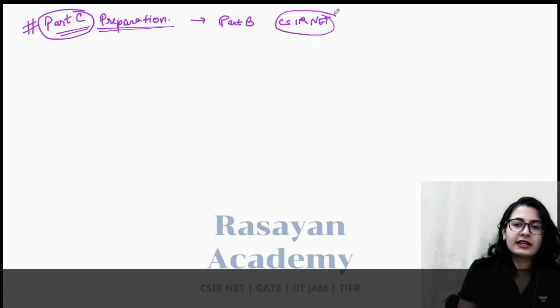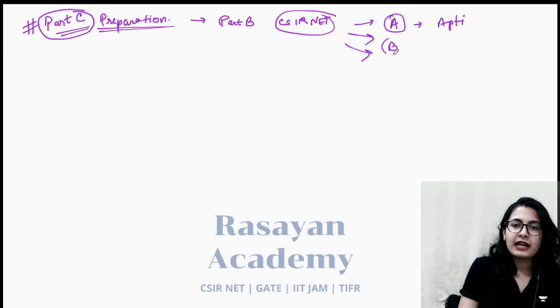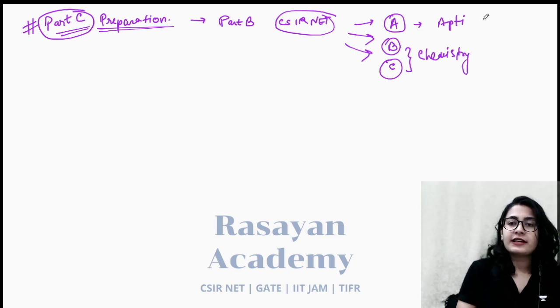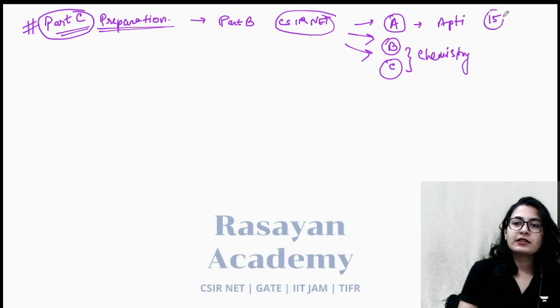In the CSIR NET exam, you already know there are three sections. Section A is completely based on aptitude. Section B and section C are on chemistry. In section A, you have to attempt 15 questions, so 15 into 2 gives you 30 marks, the maximum for section A. In section B, you have to attempt 35 questions, so 35 into 2 gives you 70 marks.